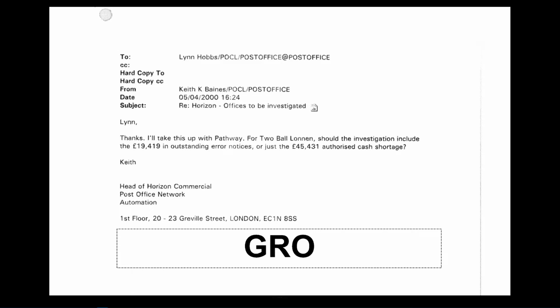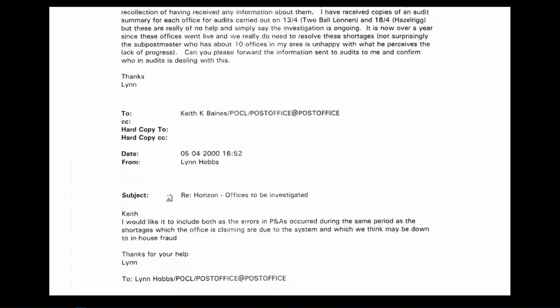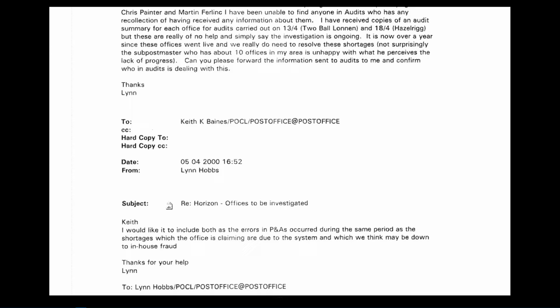Right. Can we go back to page 1, please, and have a look at the bottom of that page? Lynn Hobbs says, Keith, I'd like to include both as the errors in P&As occurred during the same period as the shortages which the office is claiming are due to the system and which we think may be down to in-house fraud.